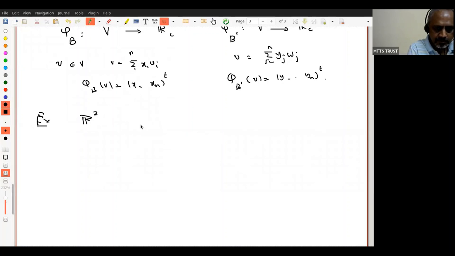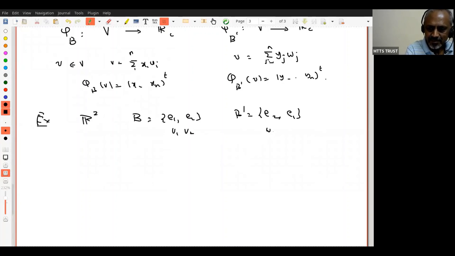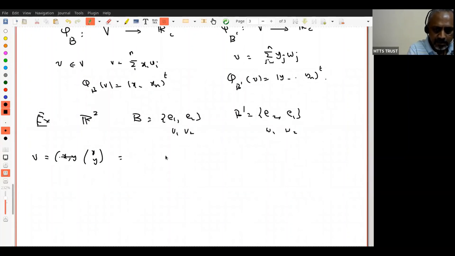We will start with a very simple-minded example. Suppose I have R^2. My ordered basis is e1 and e2, and my other ordered basis is e2 and e1. So this is your v1, v2, this is your w1, w2. If you give me a vector v in R^2, say (x, y), then it stands for x v1 plus y v2, and here it stands for y w1 plus x w2.